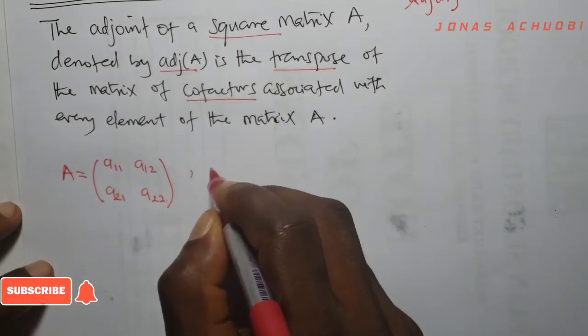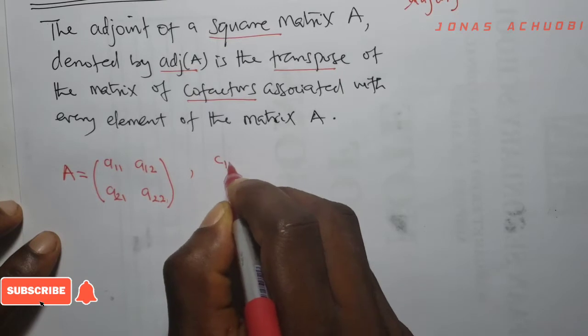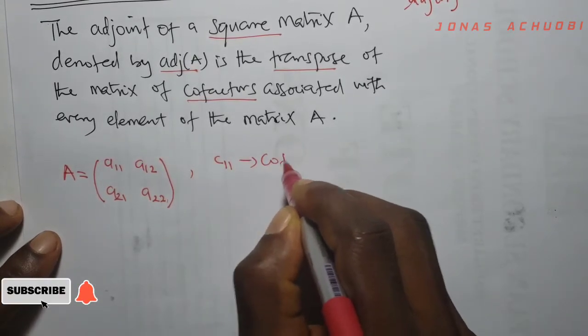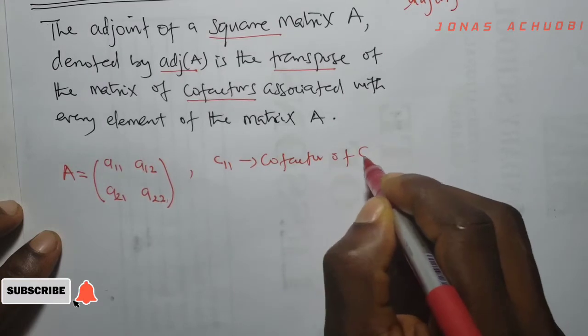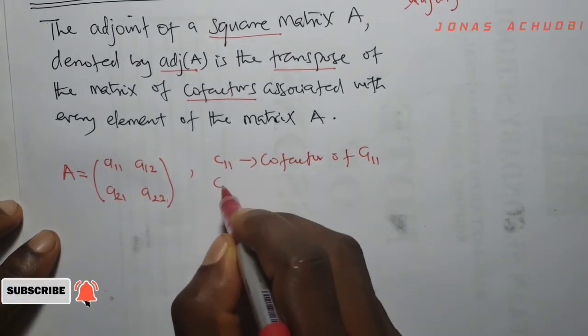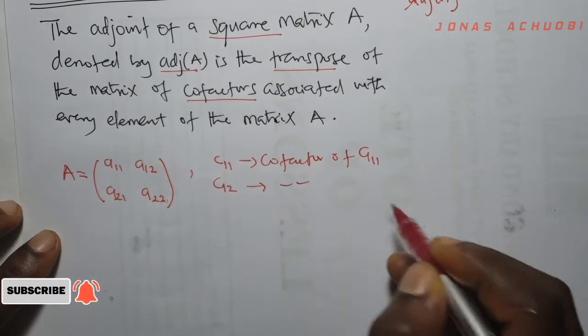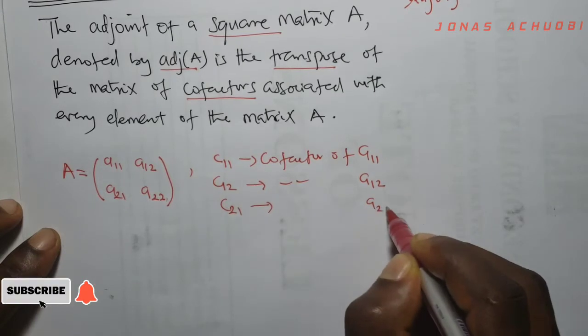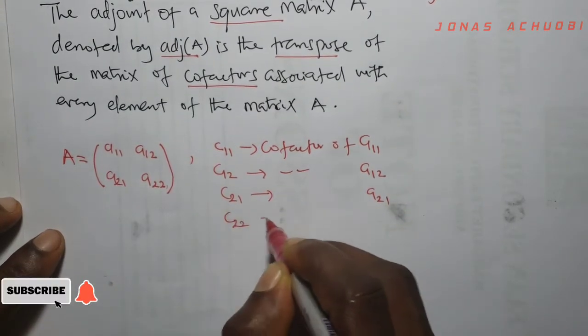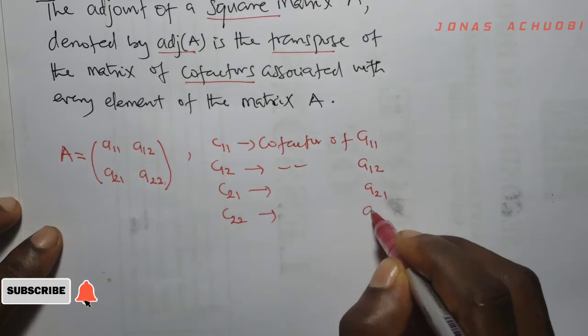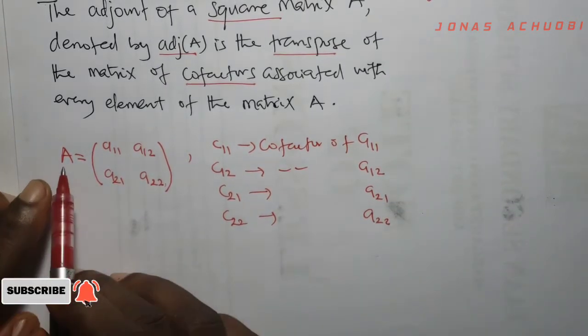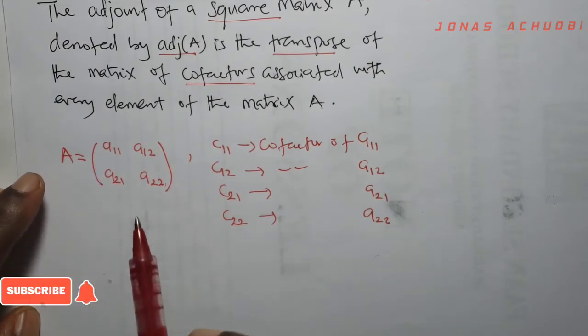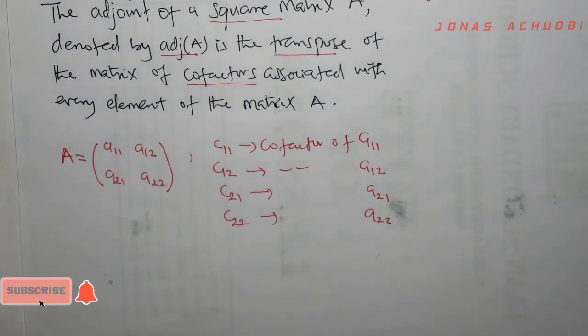If I write C11 to be the cofactor of the entry A11, then C12 will be the cofactor of A12, C21 the cofactor of A21, and C22 the cofactor of A22. So for a 2 by 2 square matrix that has 4 entries, there will be 4 cofactors. A 3 by 3 square matrix will have 9 entries, and so we're going to have 9 cofactors.